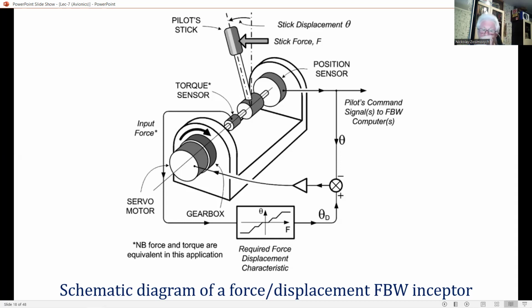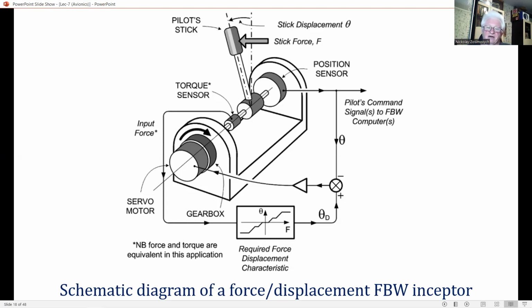Second, failures in the servo amplifiers and gimbal servo motor. The MTBF of a servo amplifier and motor combination is of the order of 4,000 hours, so that a duplex configuration meets the integrity requirement.